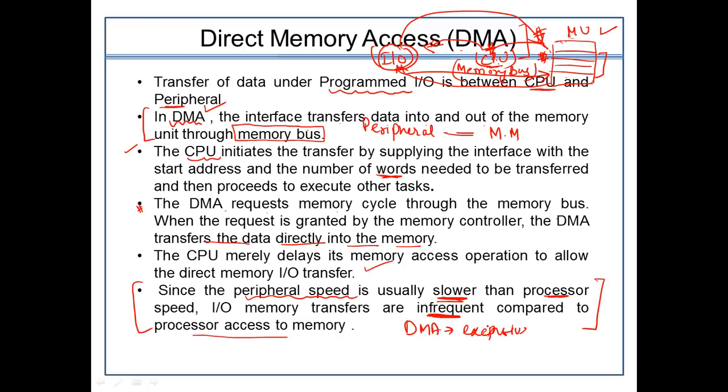Such operations take a lesser amount of time to have direct access to the memory. So this was all about the three modes of transferring data, between the processor, the main memory, and the IO devices.